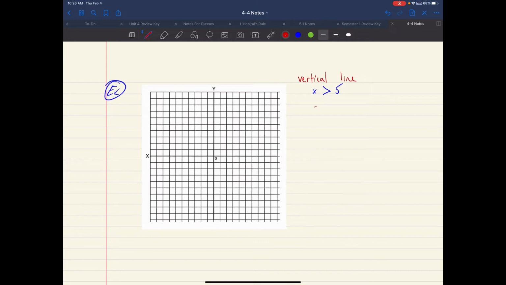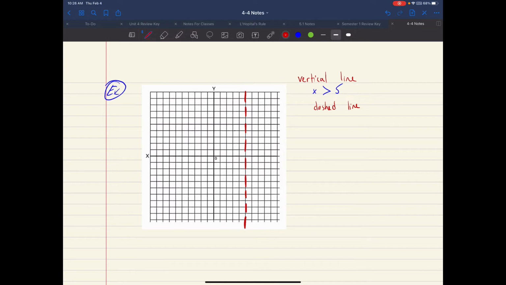And this is a dashed line based on the sign. So all I do is go to the value 5 on the graph, which is right here, like that. It's a vertical line I'm graphing. And this doesn't have an above or below, so it's going to be shaded left or right.